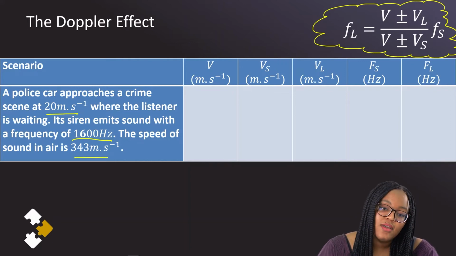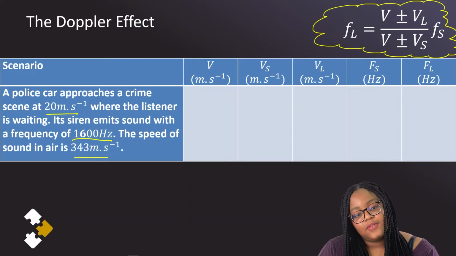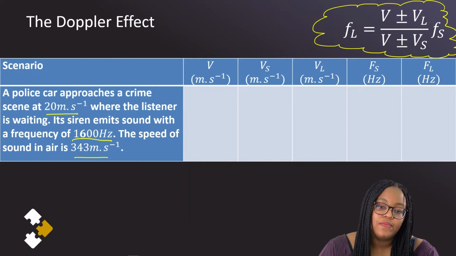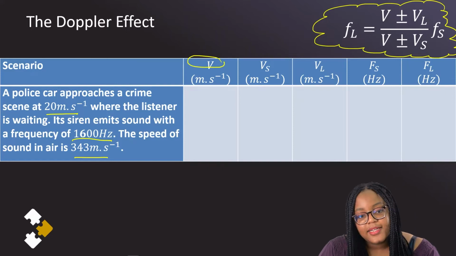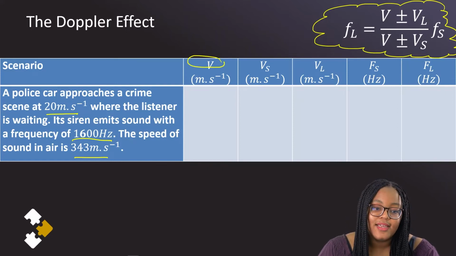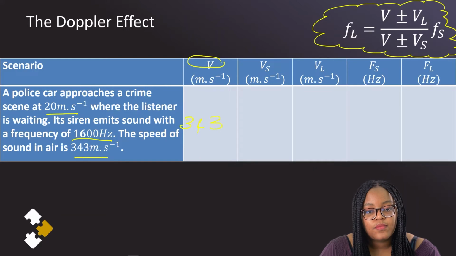All right, let's begin to fill our values into this table. V in this instance is going to be the speed of the sound wave in its medium of sound propagation, in air, which we've been given as 343 meters per second. Vs is the velocity of the source of the sound, and we know that this is going to be 20 meters per second.